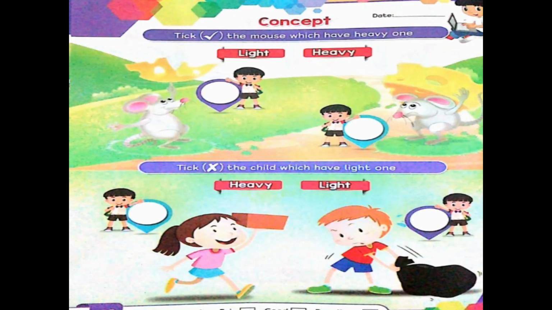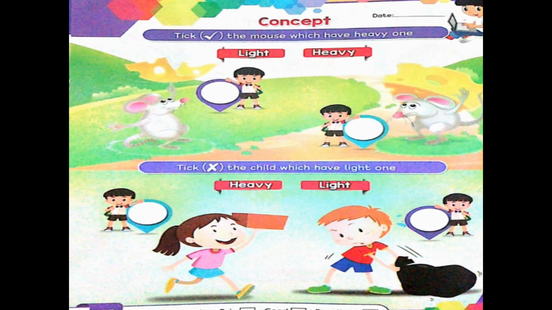Okay kids, now on page number 9 there is a concept. In this picture there are two mouse and they are holding cheese. So now you have to tick that mouse which has heavy cheese. So the mouse which has heavy cheese is on the right side. So you have to tick that one.